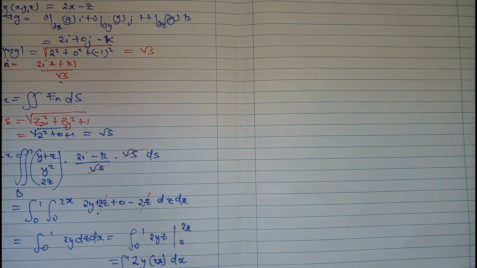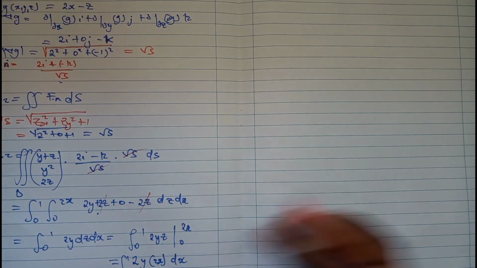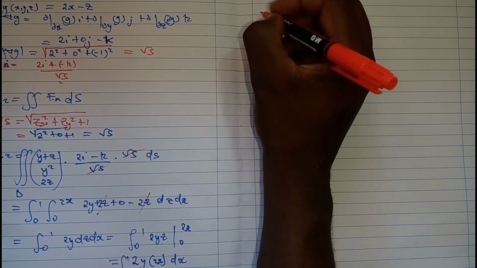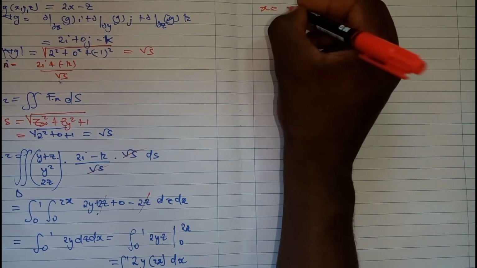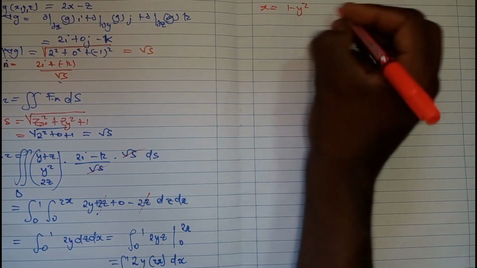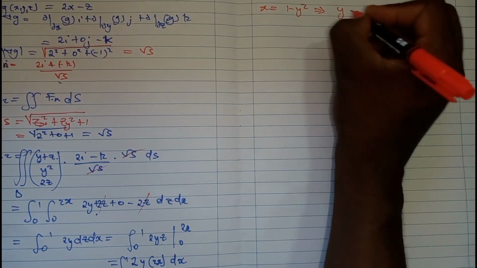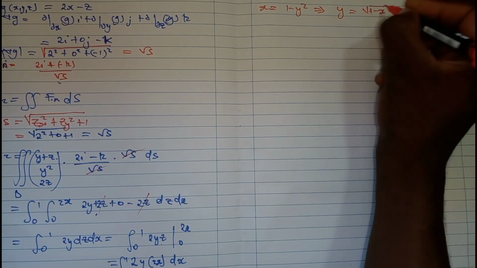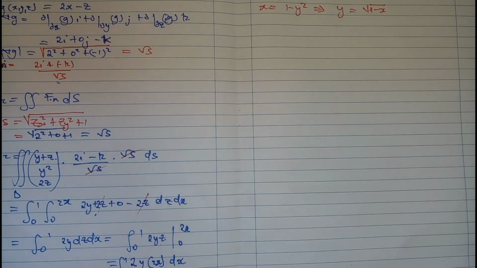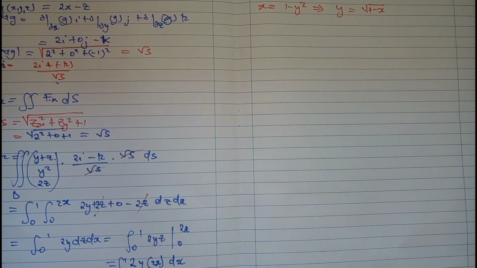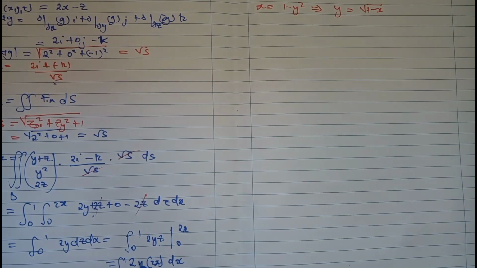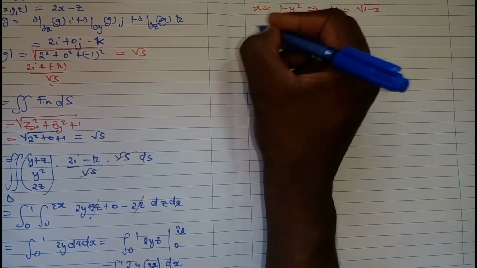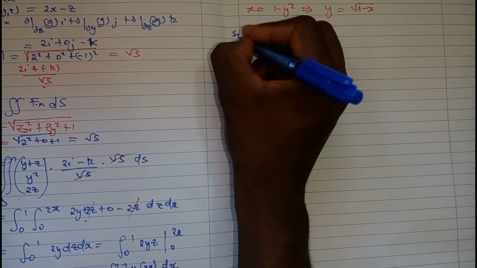We're told from our limits that we have a cylinder with wall x equals 1 minus y squared. That means y is equal to the square root of 1 minus x. Okay, so from here, to evaluate this integral, let me just write surface number 2.